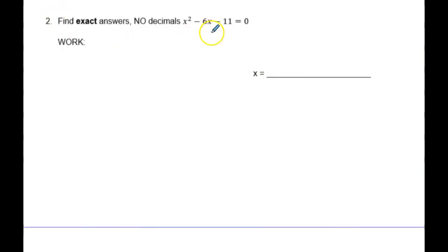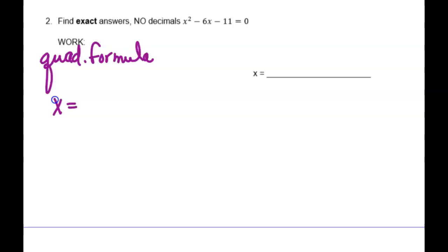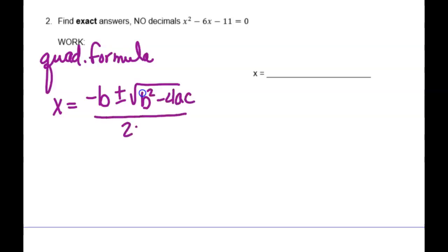Number 2. This does not factor. The only factors of 11 are 11 and 1. What is our other alternative that we have not used in a while? Yes, you have to use the quadratic formula. x equals the opposite of b plus or minus the square root of b squared minus 4ac all over 2a.